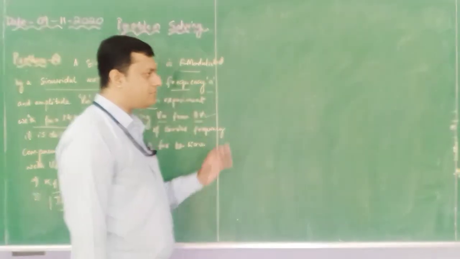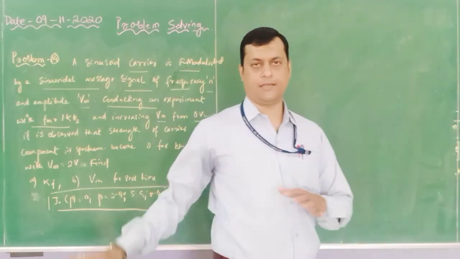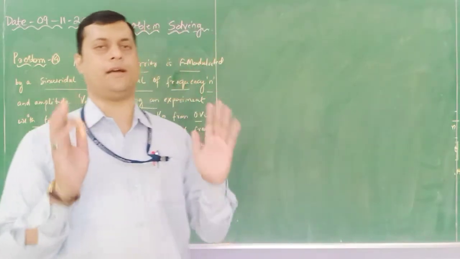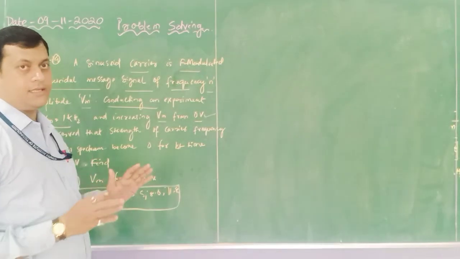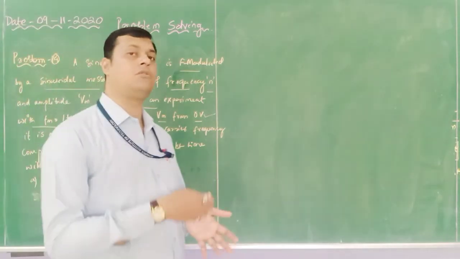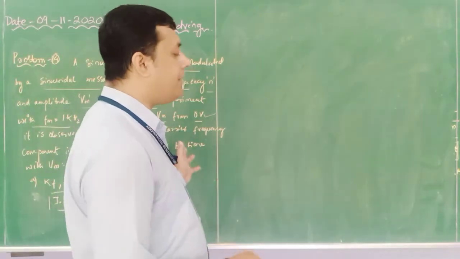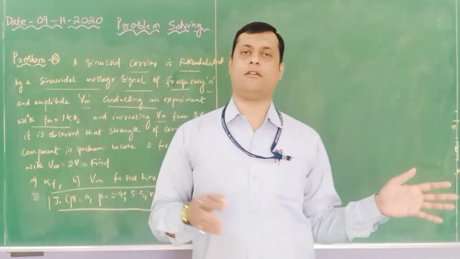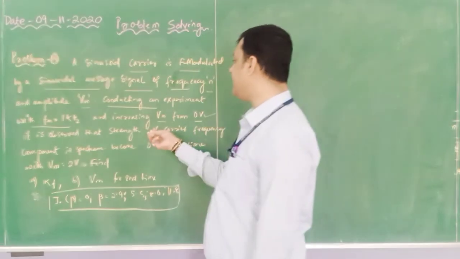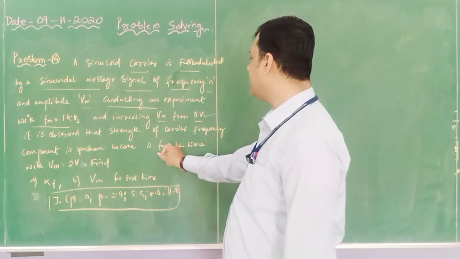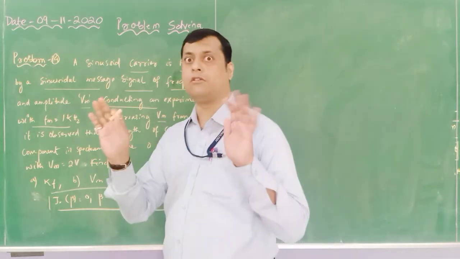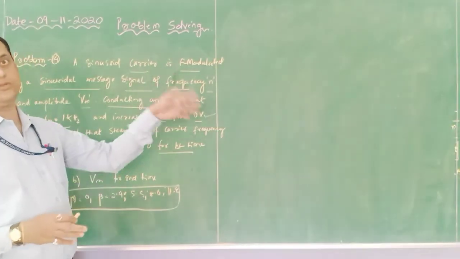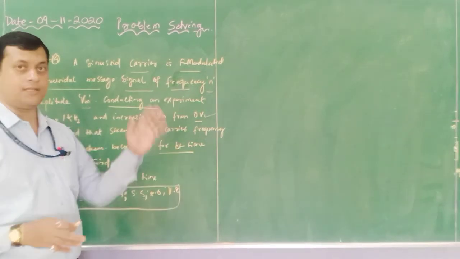Next, it is observed that the strength of the carrier frequency component in the spectrum becomes 0 for the first time, and this is with Vm equal to 2 volt. So the question states that the modulating signal has a frequency of 1 kHz and its amplitude is varied from 0 to 2 volt. Now, when we identify the first point for a particular FM signal, first order, second order, the first time the spectrum amplitude is 0, it is saying. And 2 volt means the second point, or the second order.